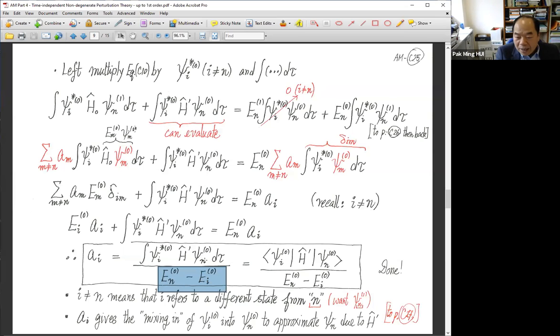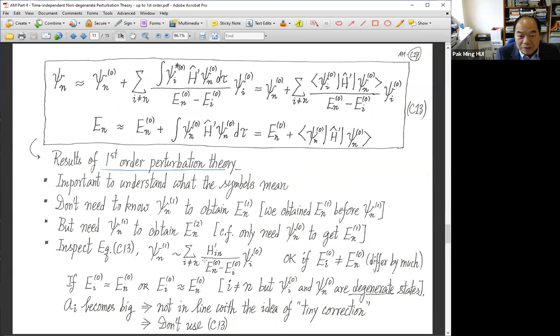So let me go to the next page. Now I summarize two results. First order perturbation theory. We have derived formally the first order correction in energy, which is just what we guessed last time.